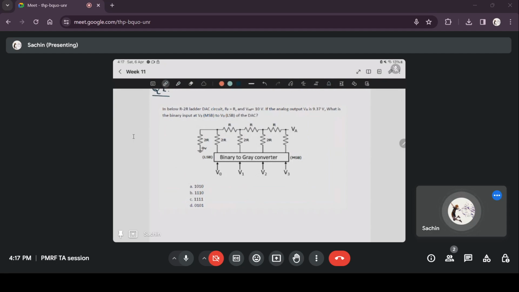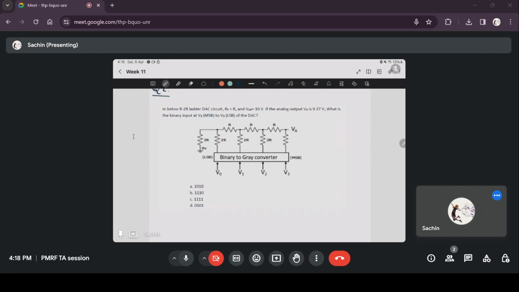If the analog output VA is 9.37 volts, what is the binary input at V3 MSB to V0 LSB of the digital to analog converter? So first V0 to V3, which is a binary number that you give, binary input, is converted to its gray code form, and that is fed to a digital to analog converter.